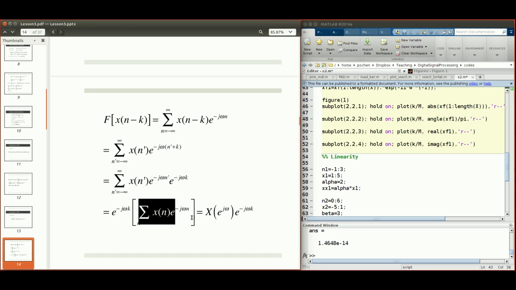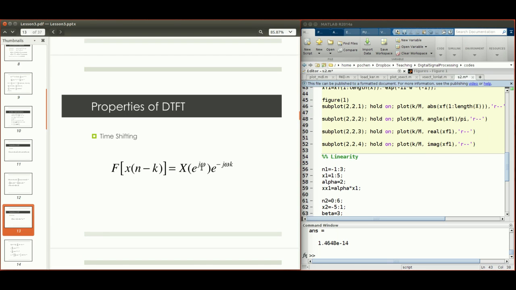But you can sort of see this particular formula becomes identical to our definition of the Fourier transform of xn, right? Basically, that's the stuff that's inside of the square bracket equals to the Fourier transform of xn, the signal without the shift, the original signal. And now you can sort of see that this formula is actually valid.